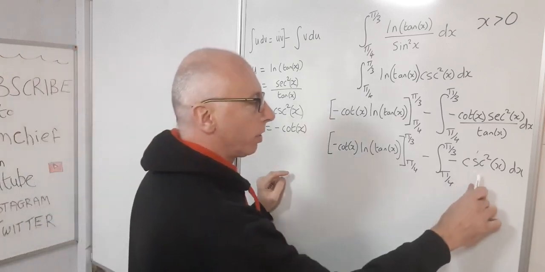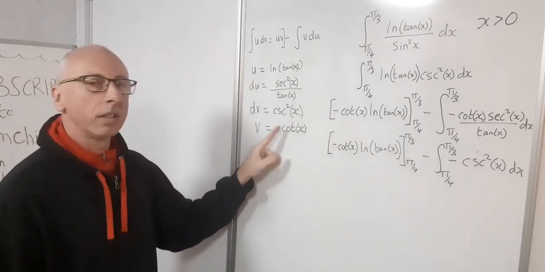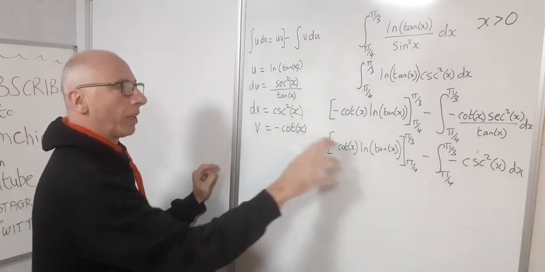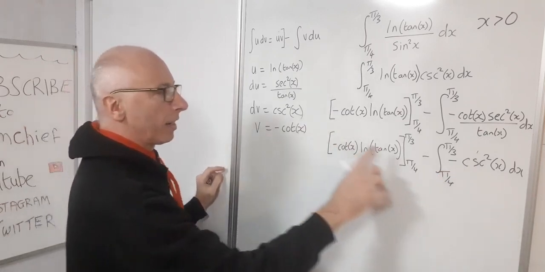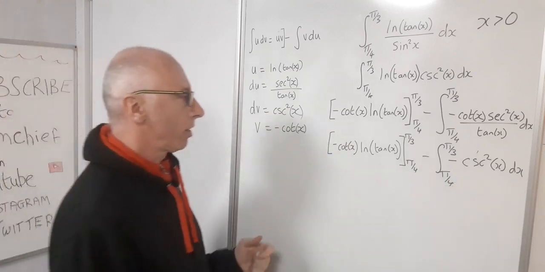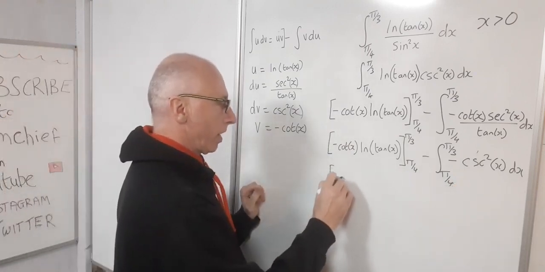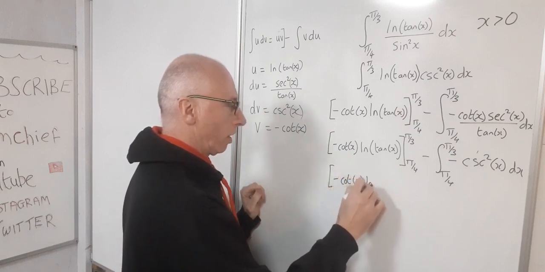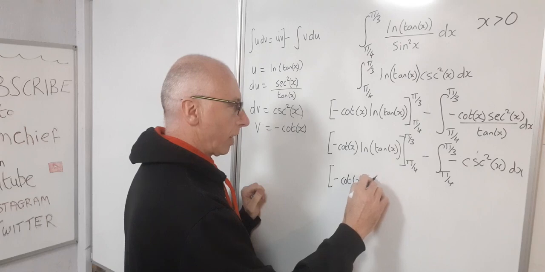So now instead of minus cosecant squared of x for the integral, I can transfer that into my cotangent of x. Let's do that on the next line, so negative cotangent of x log of tangent x.